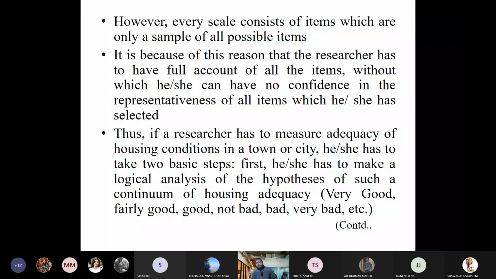It is good, but I am not telling it is very good. There is some space between very good and good, and how do we capture that option? That's why we kept fairly good. Suppose we say these houses are not bad, and then bad and very bad.